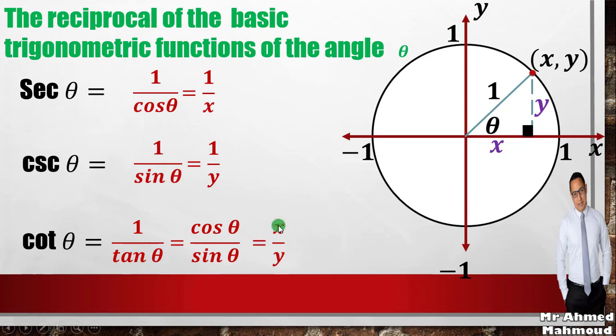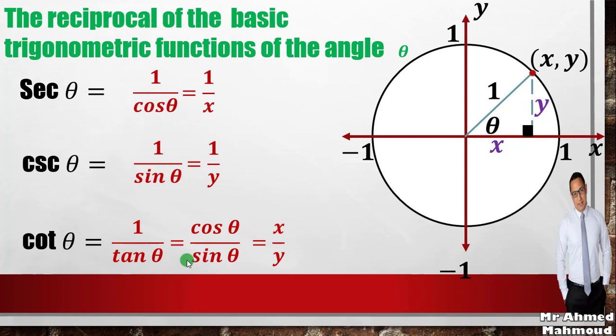It equals x over y. Finally, we have sec equals 1 over cosine, cosec equals 1 over sine, cotan equals 1 over tan, or cosine over sine. This is called the reciprocal of the basic trigonometrical functions of the angle.